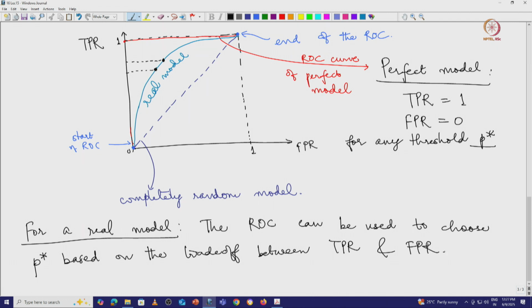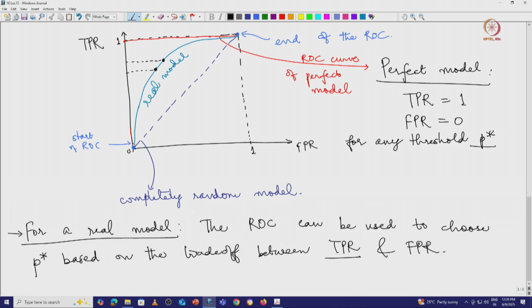There are costs of predicting a true positive and there are costs of predicting a false positive. So, obviously you want to minimize them, but there are cases in which it may be less problematic to have a false positive, but you really want your true positives to be correct. So, that is how this trade off can be used to choose the value of P star.